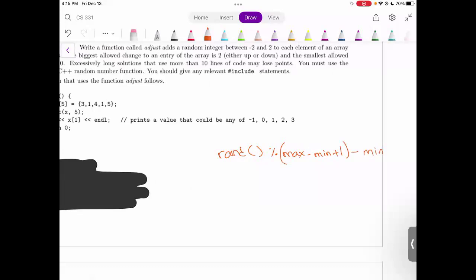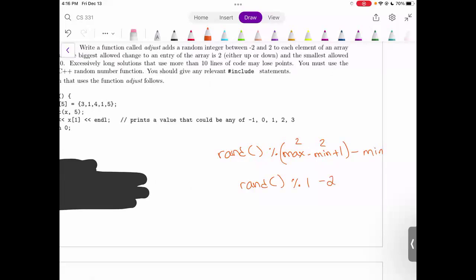Okay, so in this case, the maximum we said was 2, the minimum was -2. So mod, 2 minus -2 is 4, plus 1.